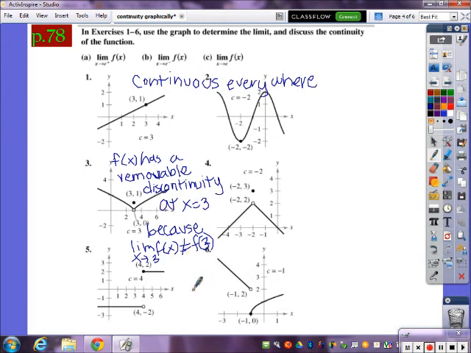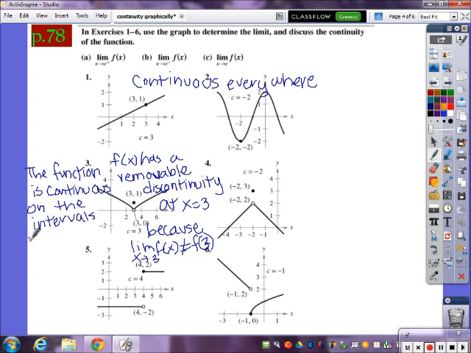Sometimes when you're talking about continuity, you're talking about where it's discontinuous. I could also say, for number 3, the function is continuous on the intervals, and we are to assume that it's continuous through infinity to the left and to the right.